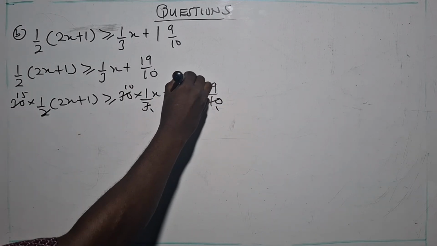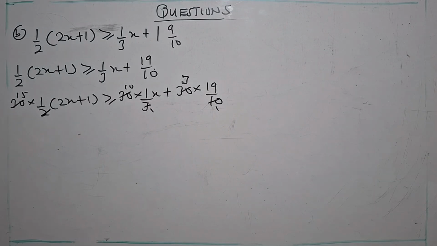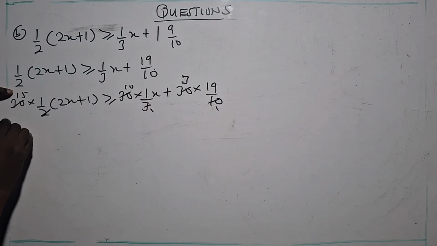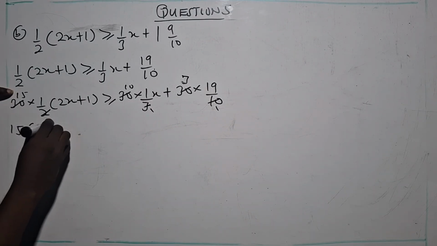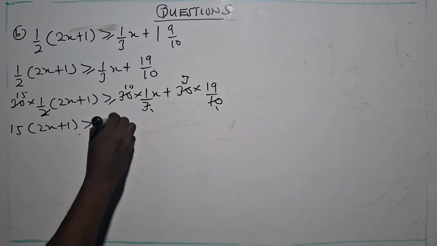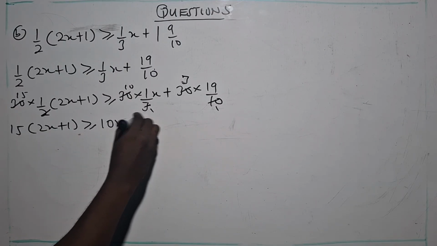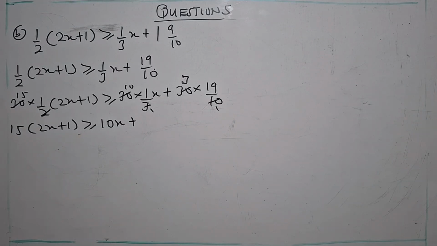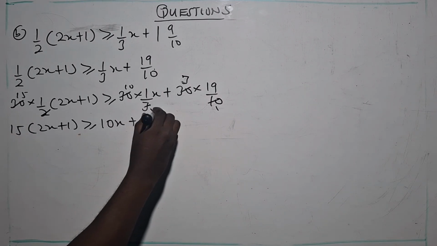This one to go here 3 times. So now the bracket, 15 times 1 is 15. Follow closely. 2x plus 1. So there 10 times 1x will give 10x. Then plus, now I have 3 times 19. I can repeat it, or I can just multiply it straight. So 3 times 19 is going to give me 57.